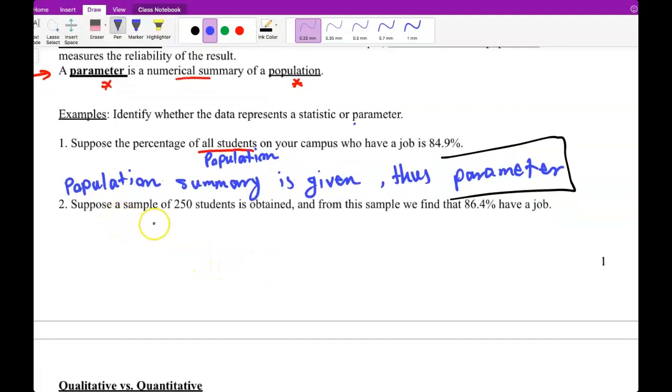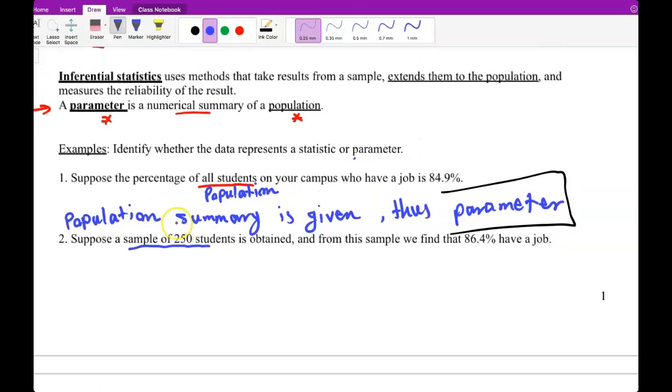Number 2, suppose a sample of 250 students is obtained. And from this sample, we find that 86.4% have a job. I don't care what the percentage is here or here on this part. We only need to focus on what we have here. Is that a population or a sample? Now in this part, we have a sample of 250 students.